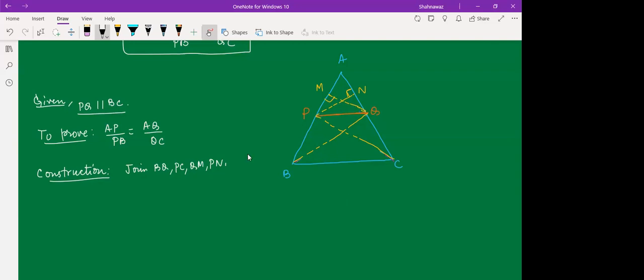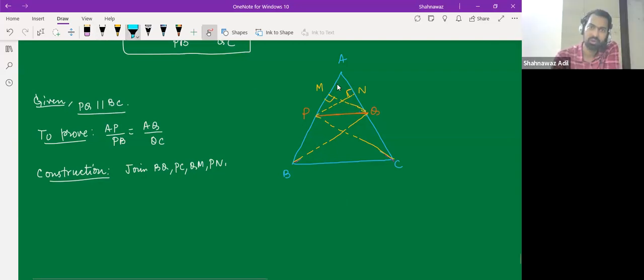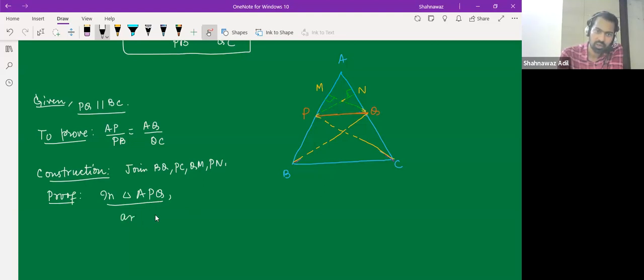Okay, now let us use this smaller triangle. So in triangle APQ, area of triangle APQ would be equal to area of triangle AQP.